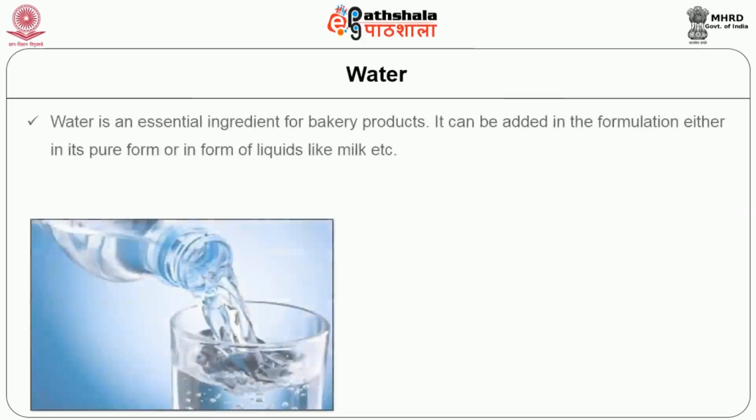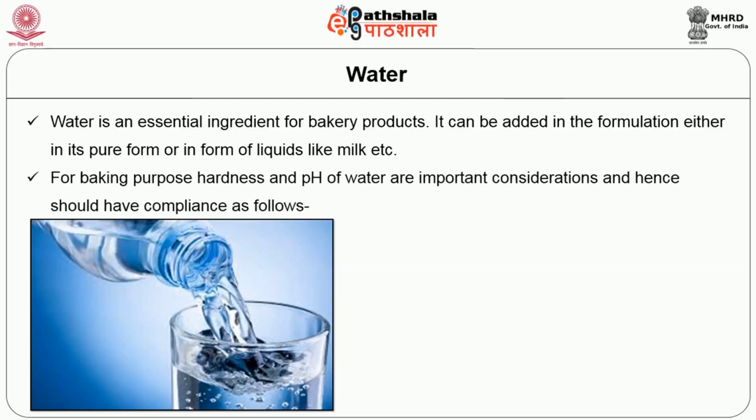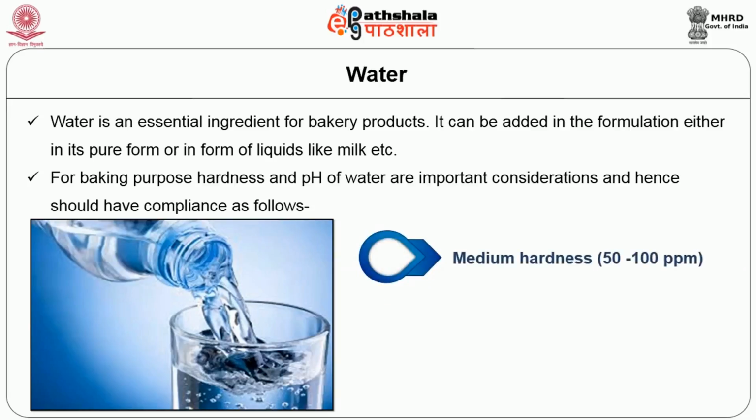Water. Water is an essential ingredient for bakery products. It can be added in the formulation either in its pure form or in form of liquids like milk, etc. For baking purpose, hardness and pH of water are important considerations, and hence water should have compliance as follows: medium hardness, that means 50 to 100 ppm, neutral or slightly acidic pH.